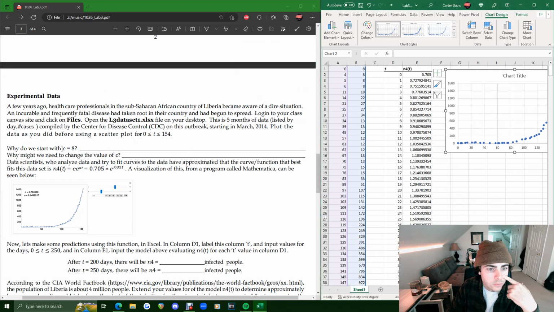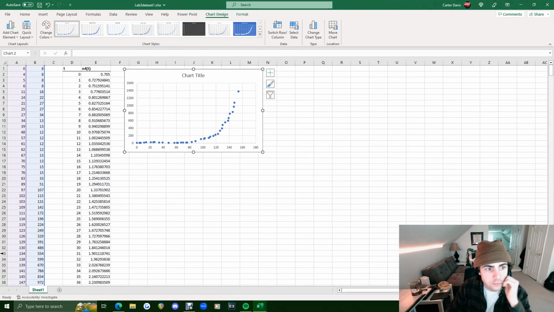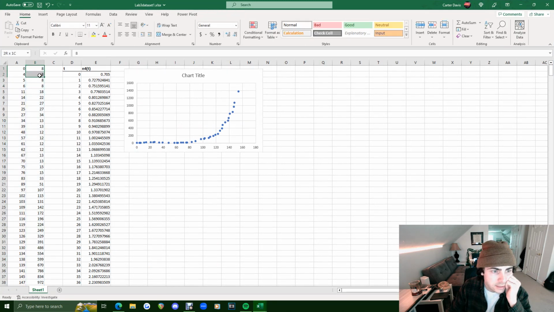They say, why do we start with C equals 8? That's a good question. I don't know. Why do we start with C equals 8? You can see C equals 8 is like the starting value, I guess. It's a weird question to ask.